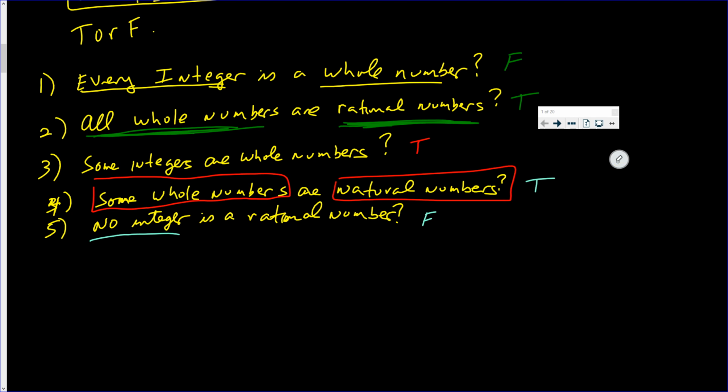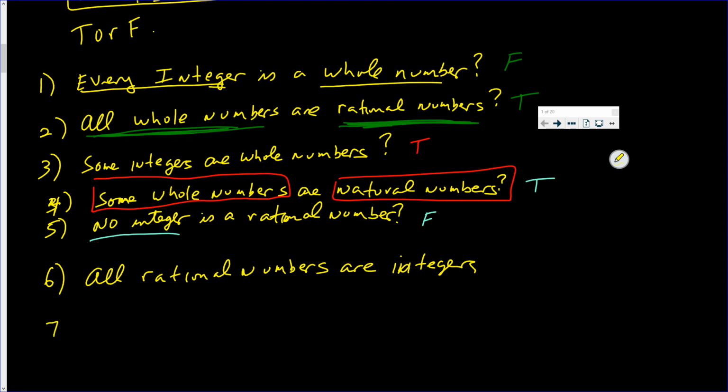How about a couple more? All rational numbers are integers. And how about some rational numbers are integers?